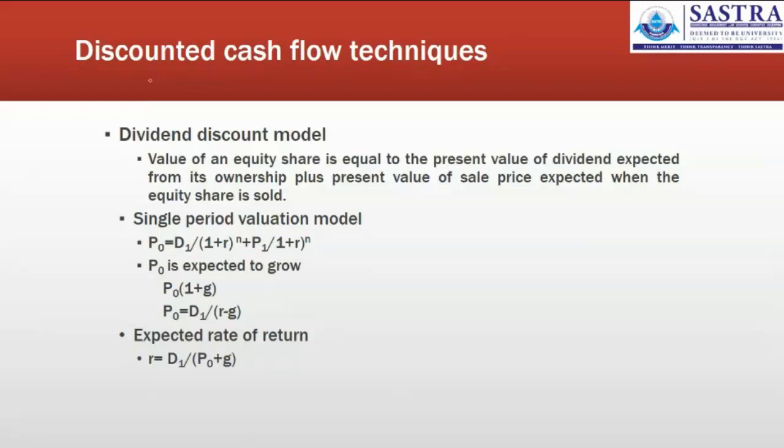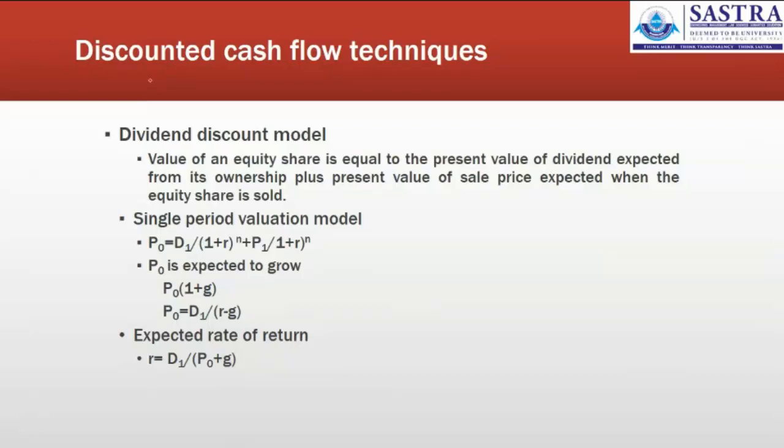One is P0. What exactly is P0? The market price of the security at the beginning. And P1 is the market price of the security at the end of the period. D is denoted as the dividend. D1 is the dividend you will realize at the end of the period, I can say the dividend you will receive next year.